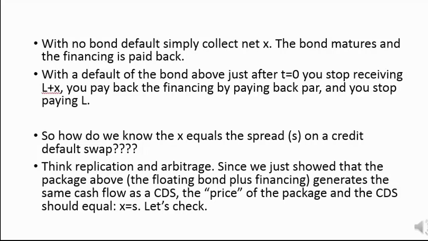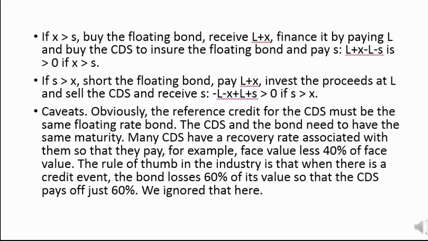We just showed that the package above, the floating rate bond plus the financing, generates the same cash flow as a credit default swap, or at least an X amount, right? Now the question is, does that X equal the spread?